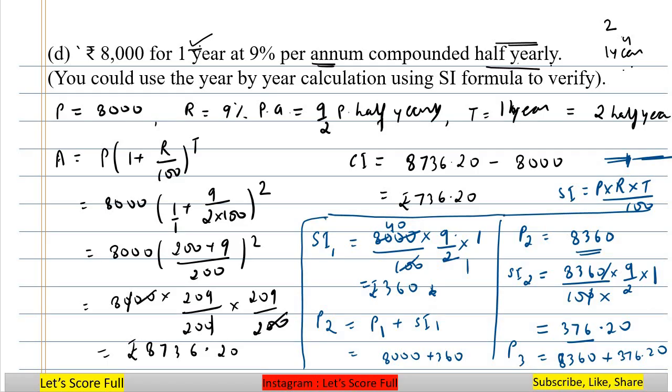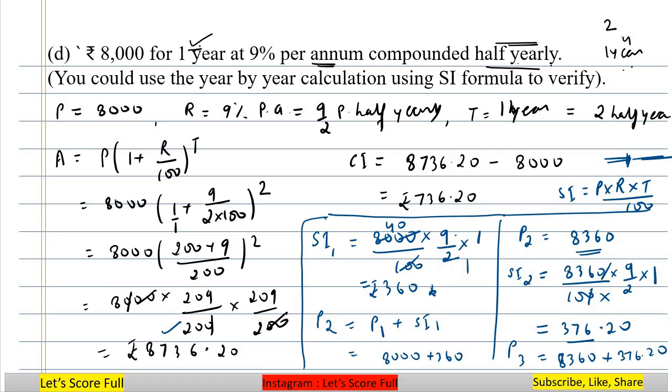When you add this, you are getting the same amount, 8736.20. If the amount is same, compound interest will also be same.